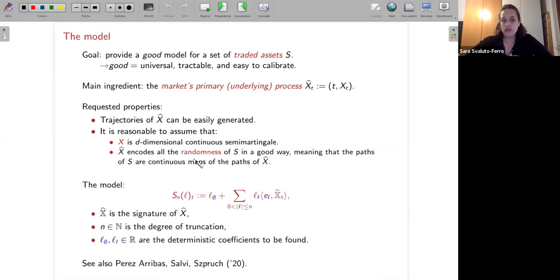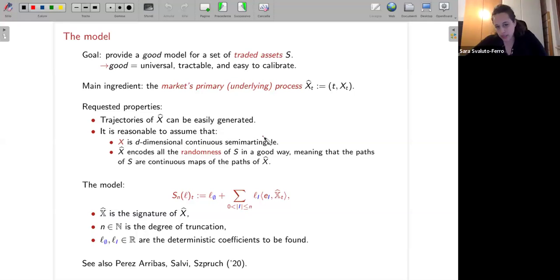And X encodes all the randomness of our traded asset in a good way, meaning that the paths of S are a continuous map of the path of X. For example, you should imagine S being the solution of a strong SDE and X being a Brownian motion.